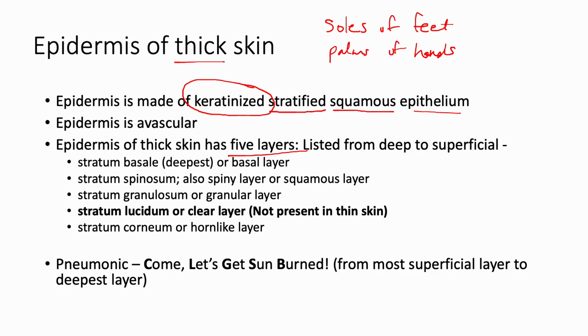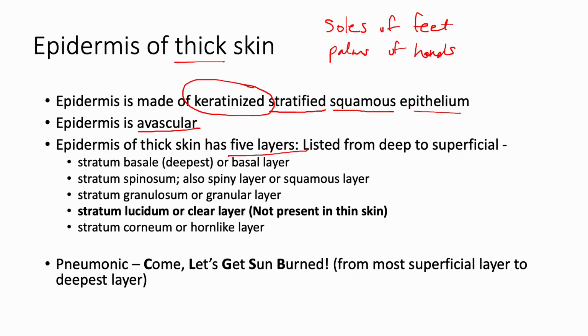Now, we know that epithelial tissue is avascular, and so since the epidermis is made of epithelial tissue, it makes sense, right, that it would be avascular, meaning there are not capillaries in this layer of skin. So how does the epidermis get the nutrients, the gas exchange? It has to depend on the blood supply in the lower layer, in the dermal layer, right? Things diffusing into the epidermis.